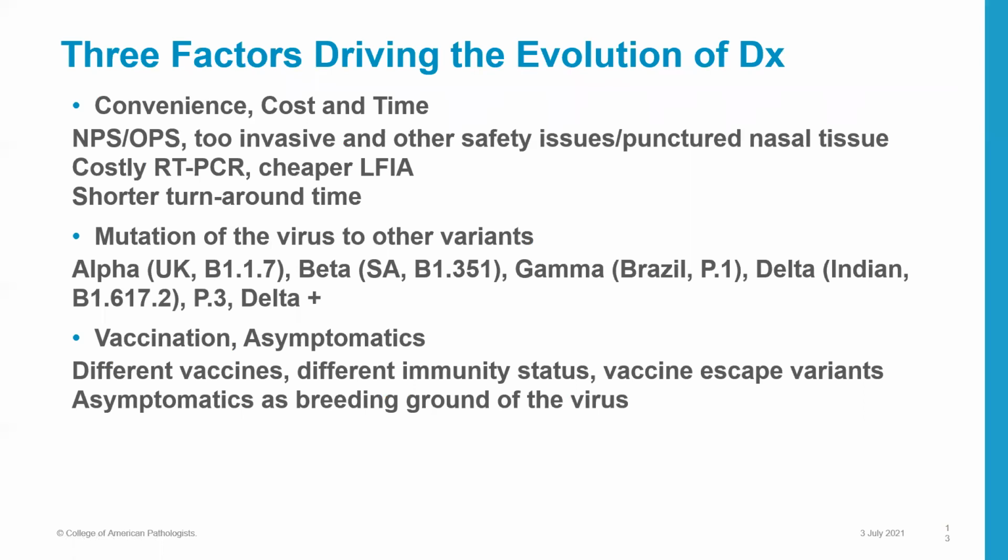And as you know, the gold standard is the NPS OPS specimen, but this is too invasive and there are other safety issues, because the more frequently the sample is collected from the NPS OPS, there's a danger that it could damage the nasal tissue, and so that's why other strategies have to be ventured or sampled.